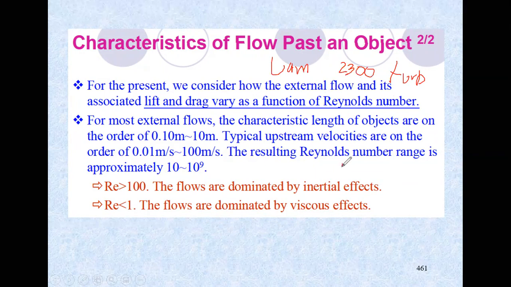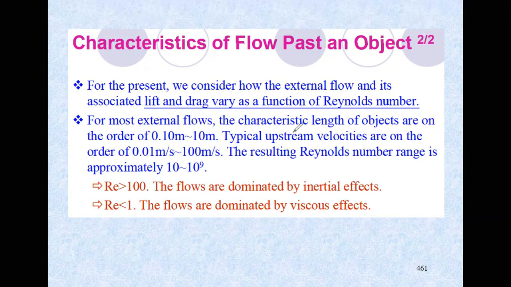The transition occurs when the Reynolds number is 5 times 10 to the power of 5. So you have laminar flow and you have turbulent flow. So we can actually analyze or discuss the characteristics of flow past an object based on the Reynolds number.